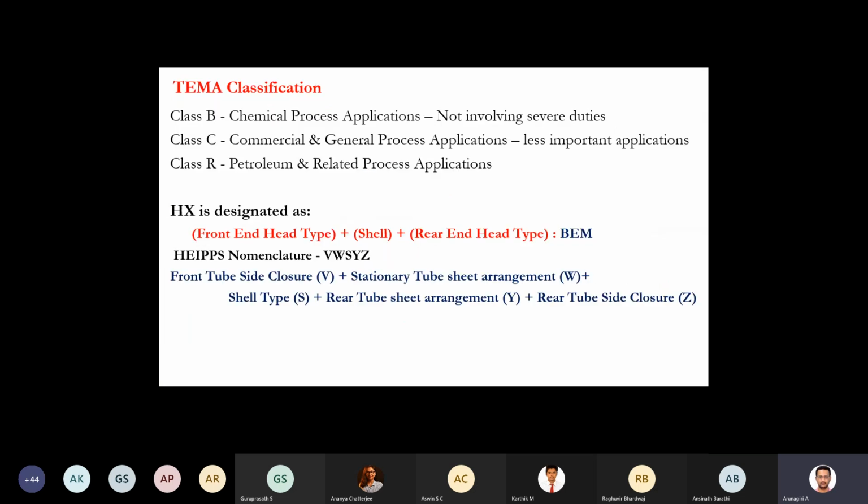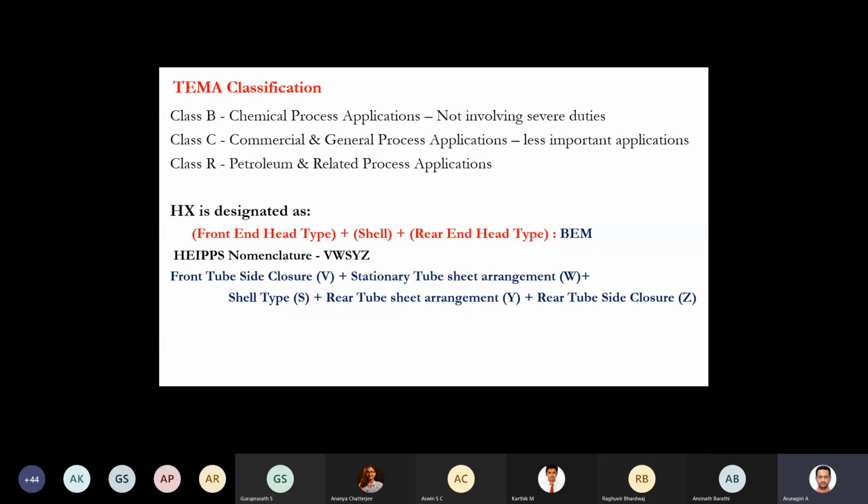As per TEMA classification, generally the shell and tube heat exchangers are classified in three different ways. One is called class B type, normally used for applications not involving severe duties, or chemical process applications.